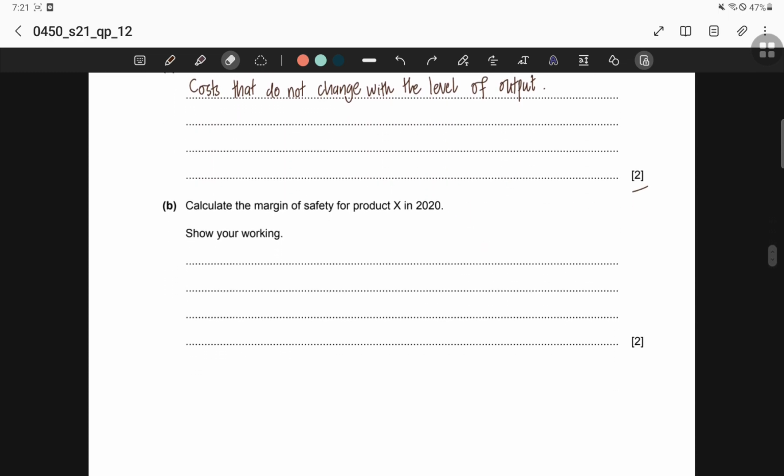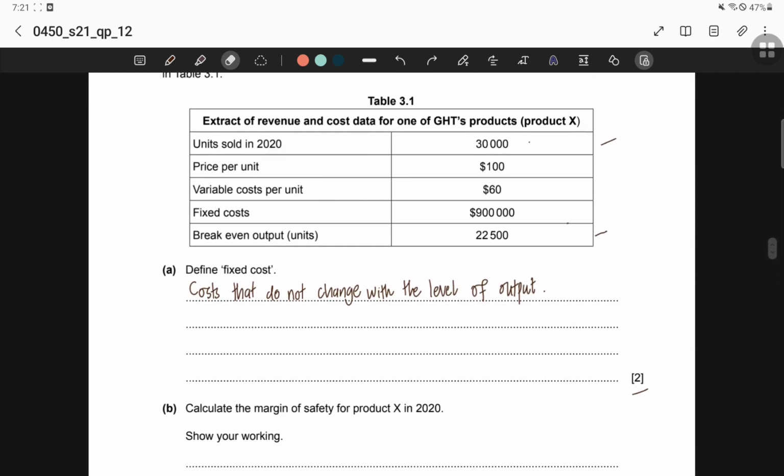Alright, the second part is calculate the margin of safety for product X in 2020. So the units sold in 2020 is 30,000, and the break-even output is 22,500.